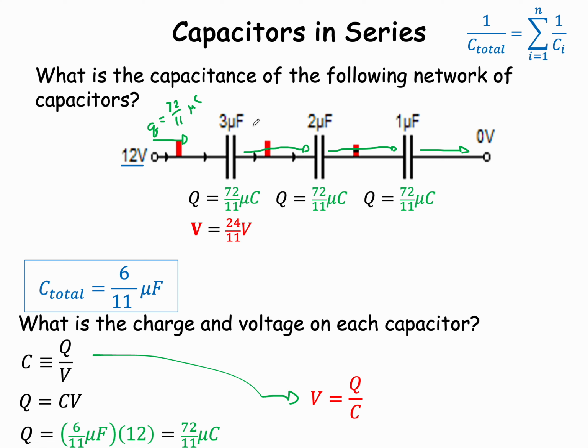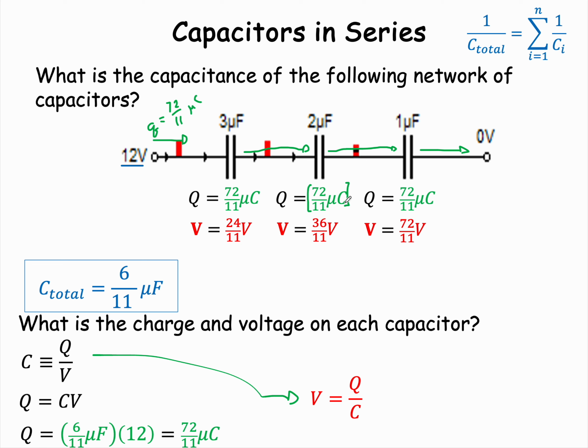If we do that, we get this rather hideous voltage of 24/11 volts. I know, I'm sorry. And then for the next one, we can do the same thing. This charge divided by the capacitance, 2, gives us 36 over 11 volts. And then finally, the last one stays at 72/11.